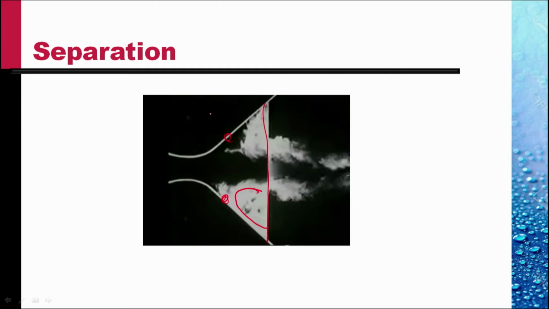This is why the divergent portion of nozzles, known as diffusers, should be designed with very small divergence angle, so that the adverse pressure gradient is not too much, not that which causes separation.